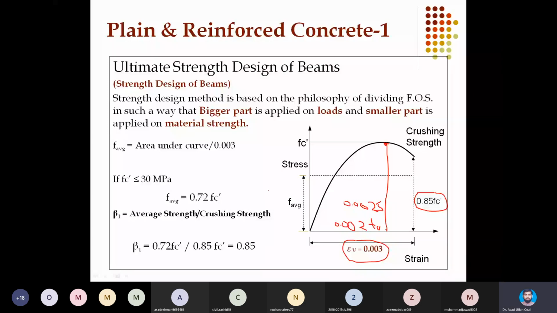If we know the equation of this curve, we integrate to calculate the area under the curve, and then multiply that area with the cross-section on which this parabolic stress strain relationship is present to get the resultant C force.